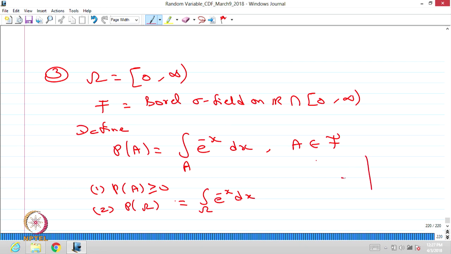Integration over omega is from 0 to infinity, so 0 to infinity of e power minus x dx is nothing but the area below the curve e power minus x between the interval 0 to infinity. It's asymptotically 0 at infinity, so if you find the area, that is going to be 1.